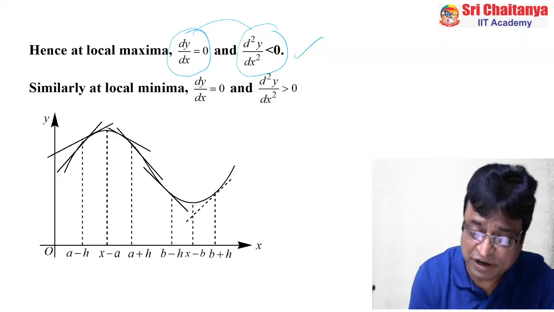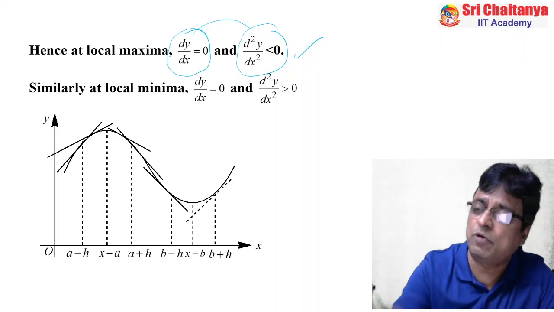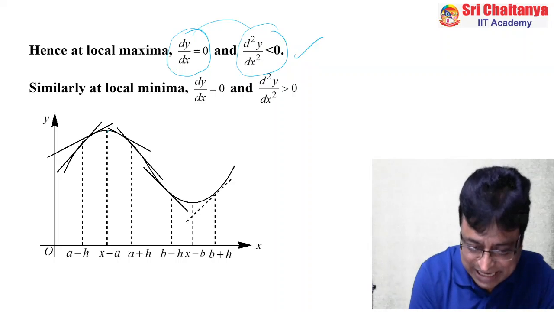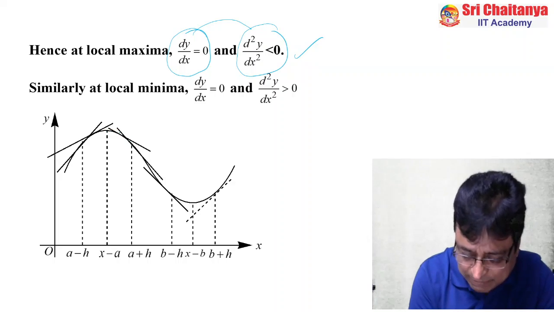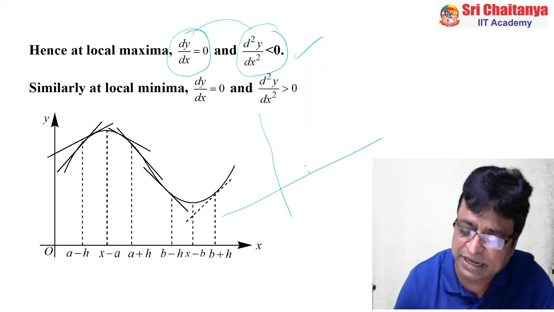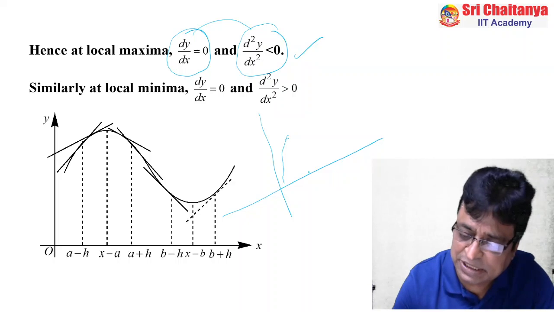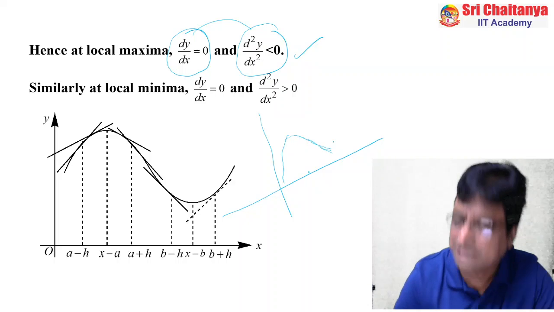Otherwise, if it is not decreasing, it would go upwards. If the second derivative becomes 0, until that point it is increasing, and after that it is decreasing, so it is like this. That means the second derivative is less than 0.